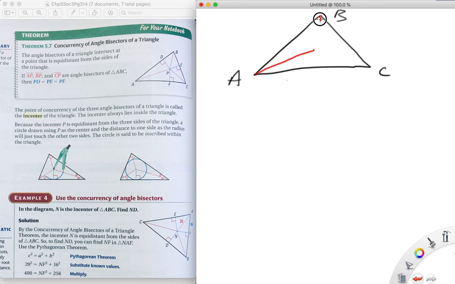The angle bisector comes down this way. The angle, of course not this guy, comes this way. And they meet at this point, where they all intersect at this point of concurrency. The concurrency of angle bisectors of a triangle says, they meet at point P.